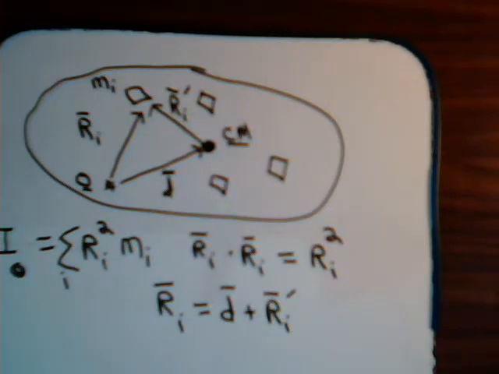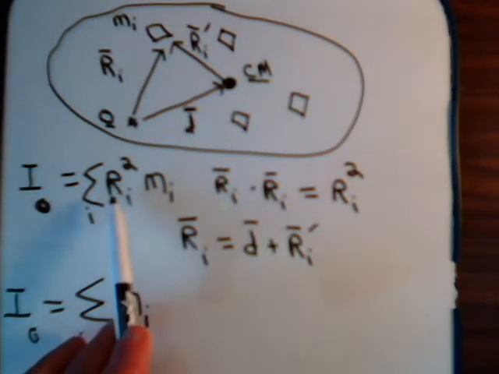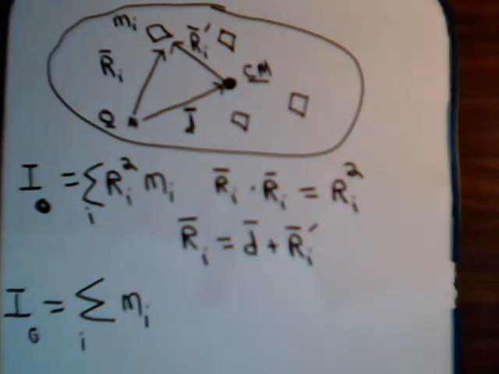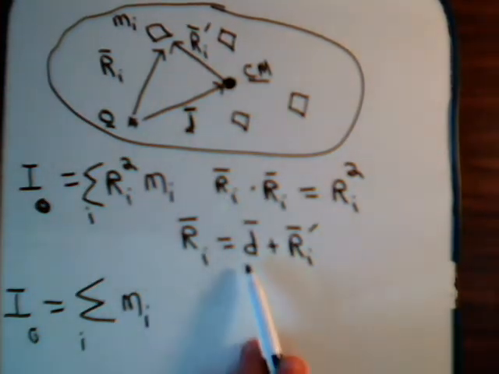But now, let's consider our formula where for Ri we have this substituted. So now we will have IO, the moment of inertia about point O, will equal the sum over i of mi Ri squared. Ri squared is the dot product of Ri dot Ri, or we can write it like this then.